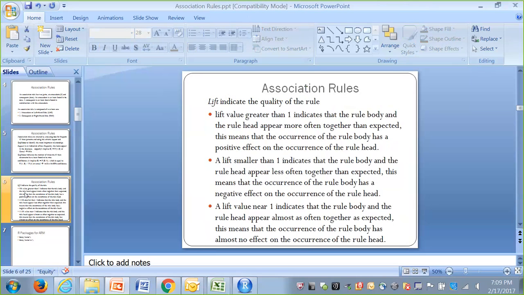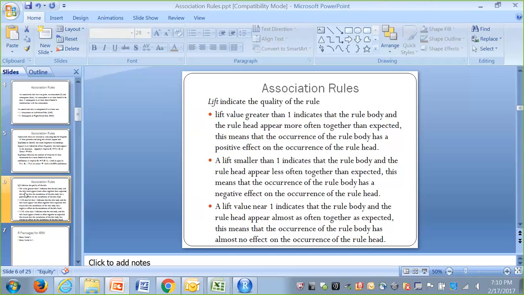So here we go into the lift aspect. As I was saying, when the value is greater than 1, what does that mean? It indicates that the body rule and the rule head, which are basically the if and then, right? So we're back to that if and then, or the antecedent and the consequent. It's the same thing.